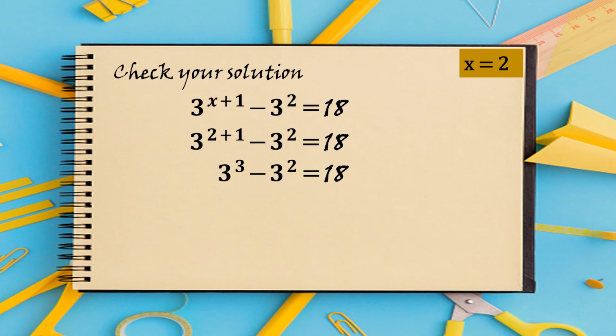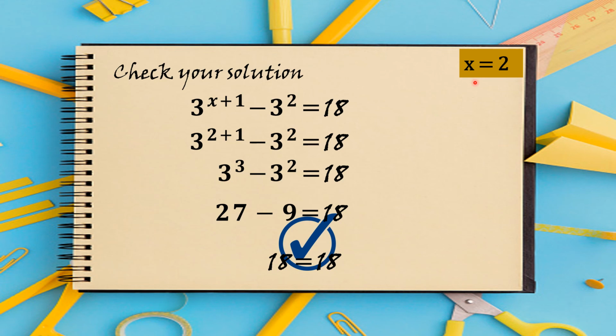And 3 cubed is 27. 3 squared is 9. 27 minus 9 is 18, and 18 equals 18. Therefore, a solution of positive 2 satisfies the exponential equation.